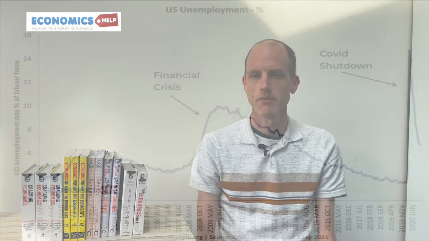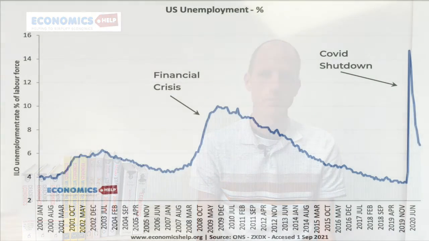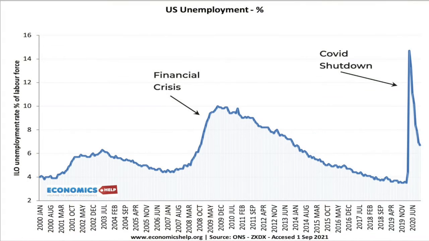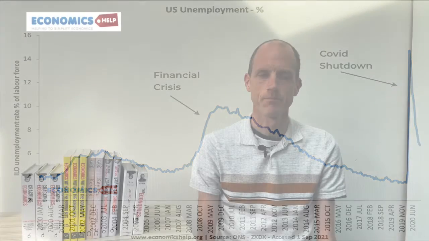If we start with demand-side policies, these are policies that you would consider in a recession when unemployment has risen due to a lack of demand. In a recession, firms reduce output or close down, so they make workers redundant. So the policy is simply to try to increase economic growth so that firms create jobs.